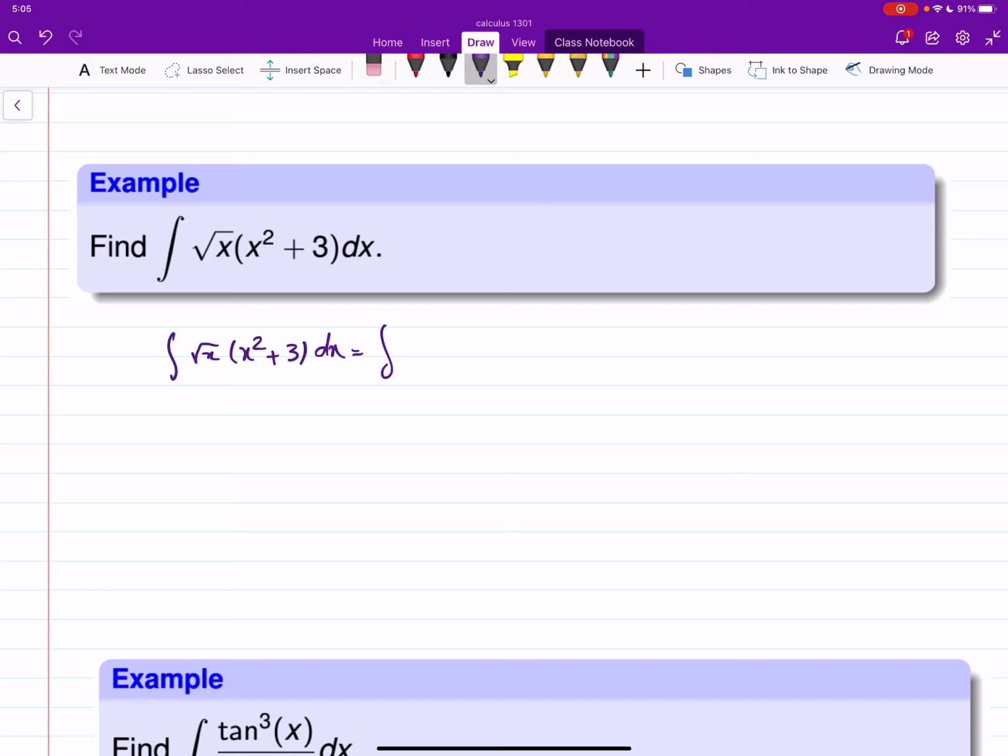So here, if I multiply this in, you notice that this is just simple. That's 2 over 5 x to the power 5/2 plus 3x to the power 1/2. And this is just the power rule that would do the job. So we just needed to expand it, and then that will come out as you see.